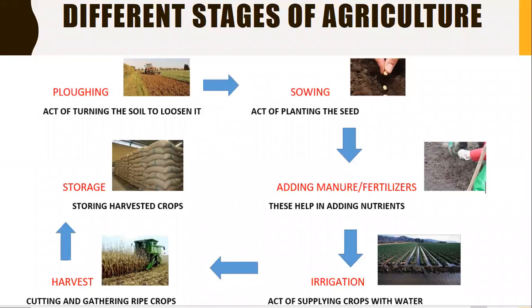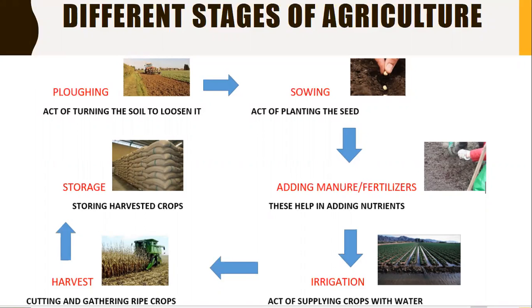Next stage is adding manure and fertilizers. Manure and fertilizers add nutrients to the soil. Plants absorb these nutrients from the soil through their roots.